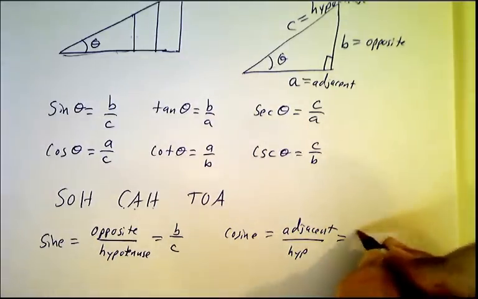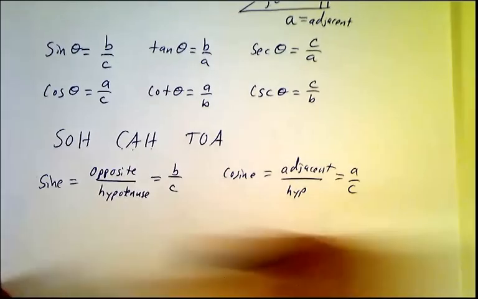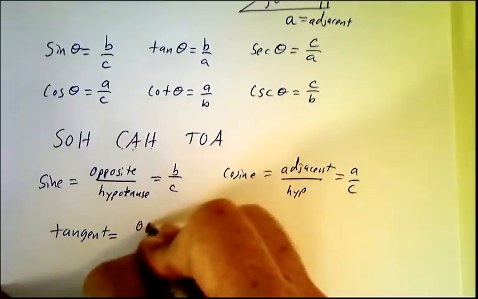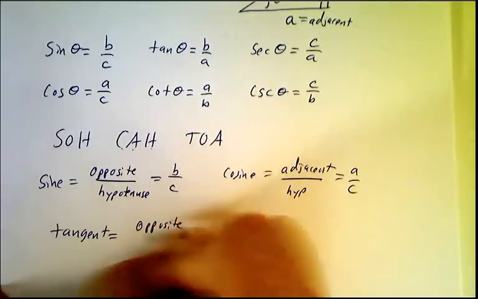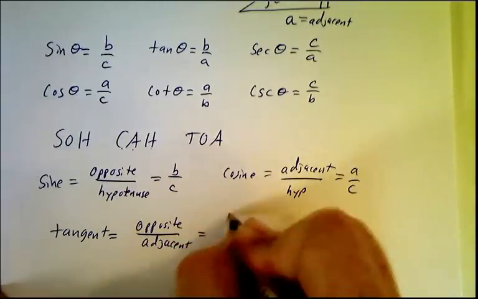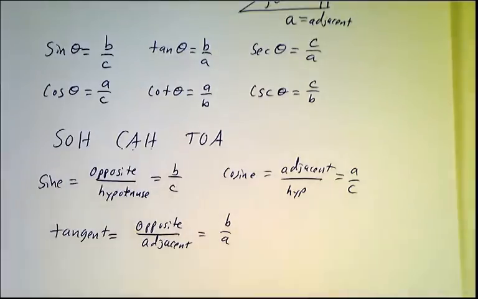And that's A over C. And tangent equals opposite over adjacent. So that's B over A. Okay, so those are the definitions of the angles.